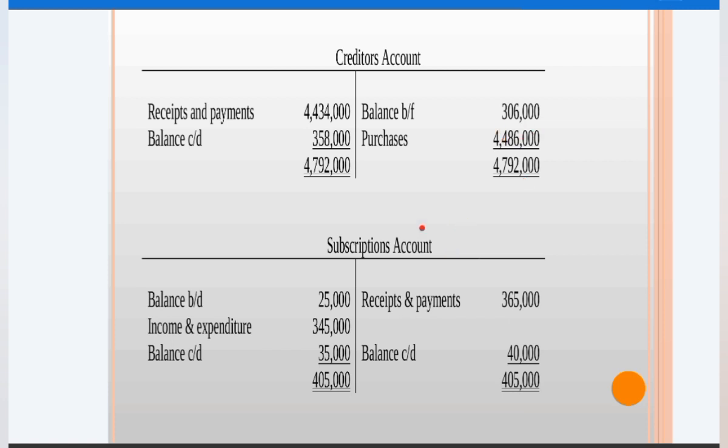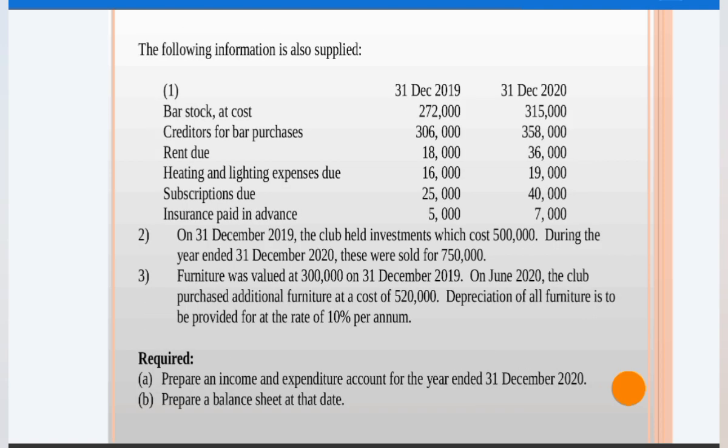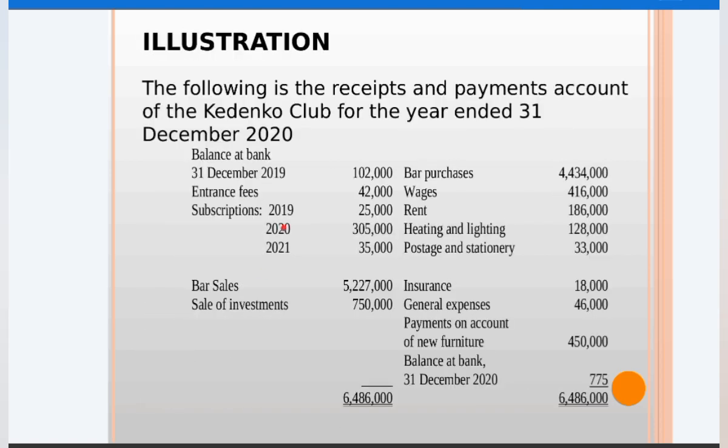And then when it comes to subscriptions, we have to have the balances brought down and the balances carried down. So we have the balance from 2019, which is 25,000. Then, of course, we have the monies received for 2020. So here we have the subscriptions.